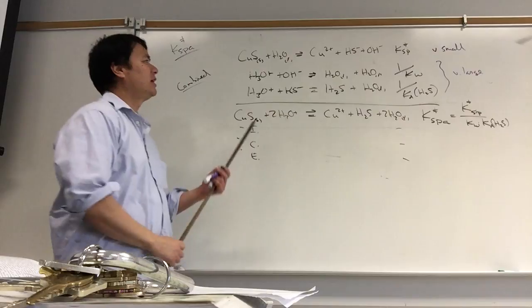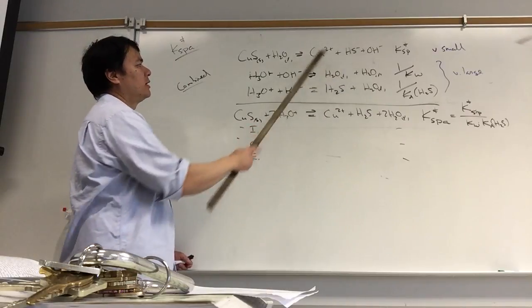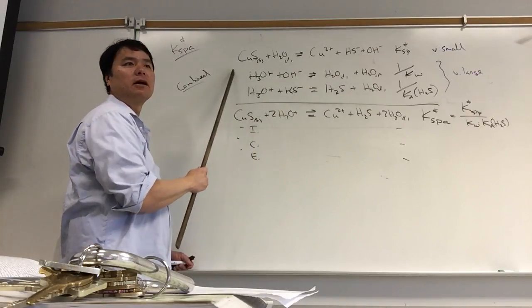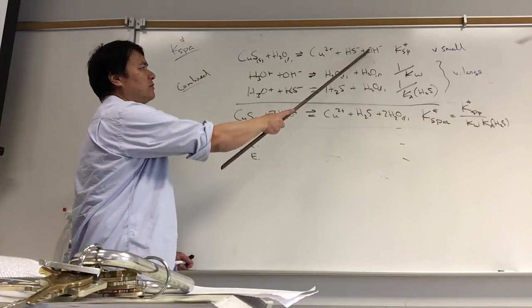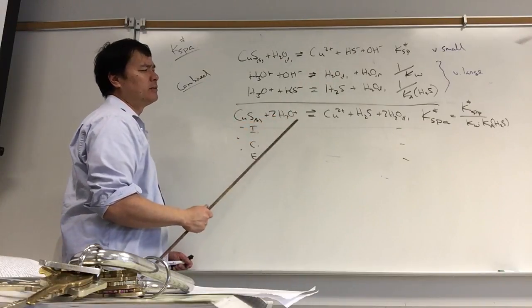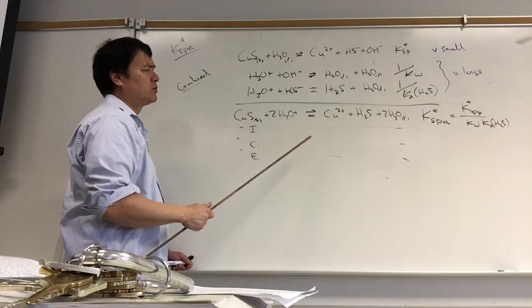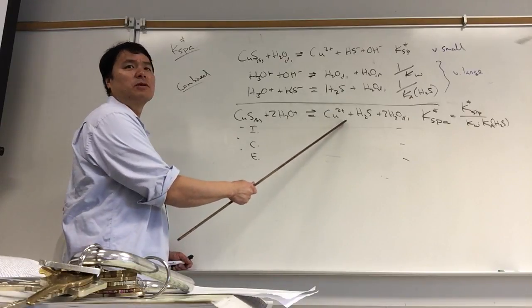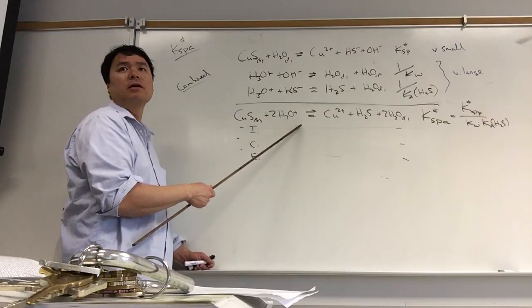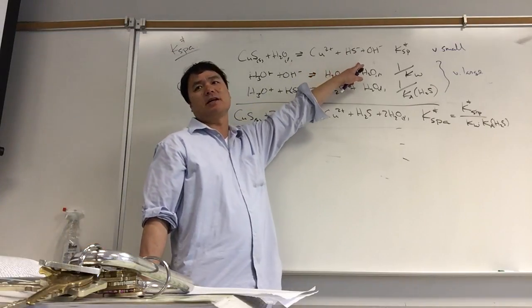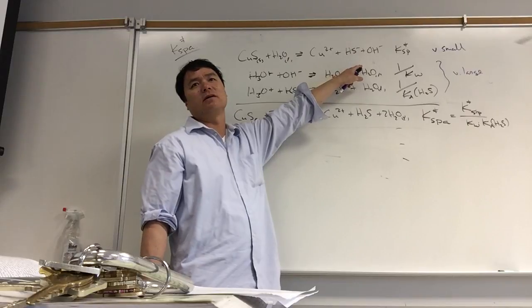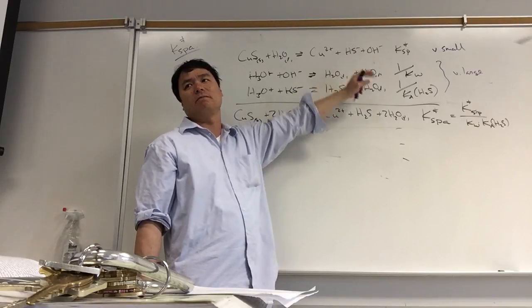And that means whatever HS minus and OH minus is generated, it's immediately attacked by the hydronium. And therefore, the actual concentration of HS minus and OH minus at equilibrium is very small. So small, we're going to call it negligible and completely ignore it. And so the combined approach works when the intermediate species like this are negligible.